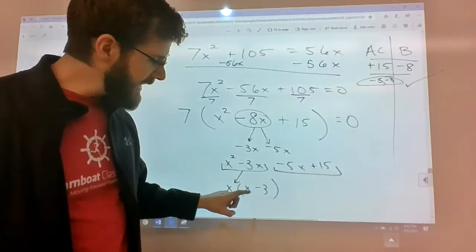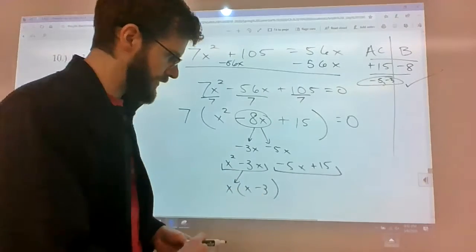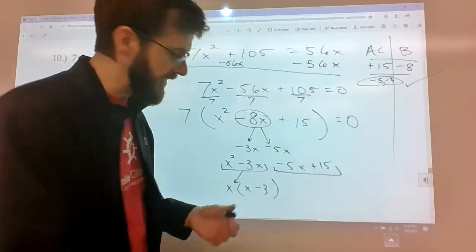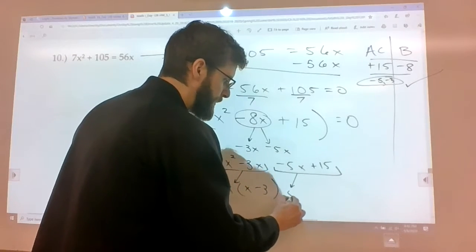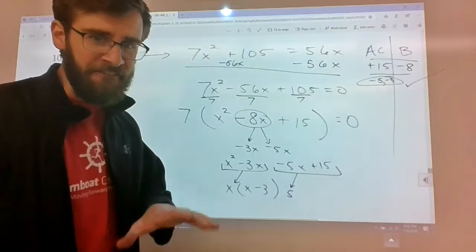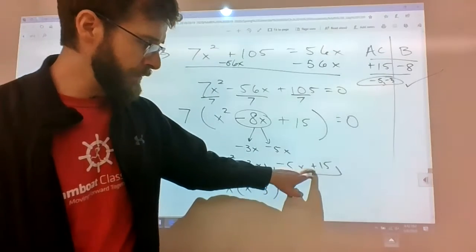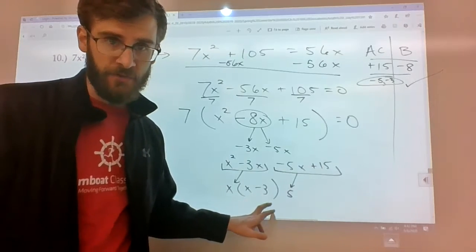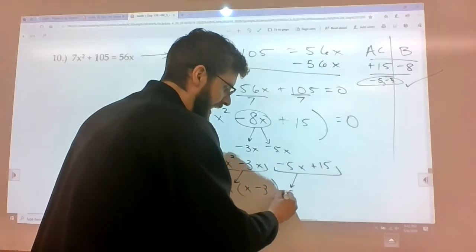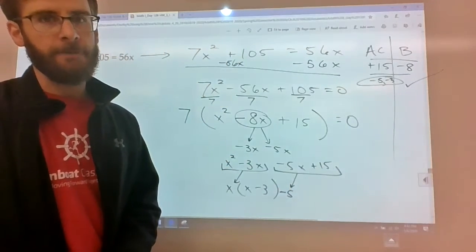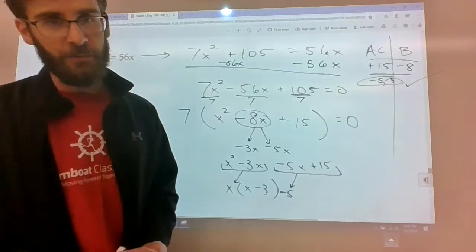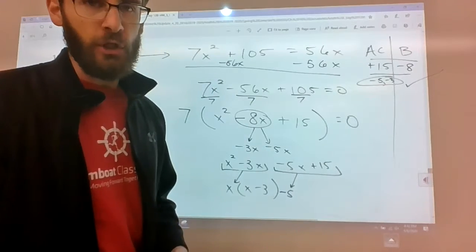You're trying to get x minus 3 in the leftovers. I think we can all see that it divides 5. But if you don't take a negative 5 out, you're going to be left with negative x plus 3. I need x minus 3, which means I have to take the negative out with it. Okay, that's just going to be a mistake that some of you guys will learn the hard way.